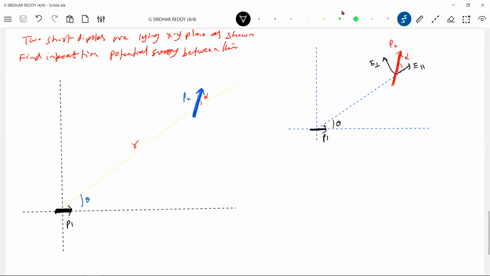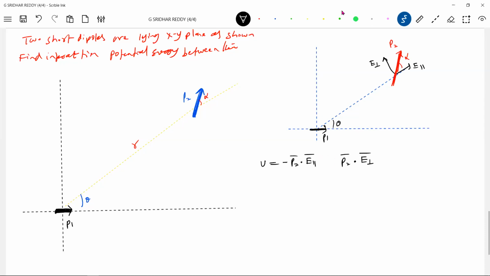The total interaction potential U should be equal to minus P2 bar dot E parallel plus P2 bar dot E perpendicular.